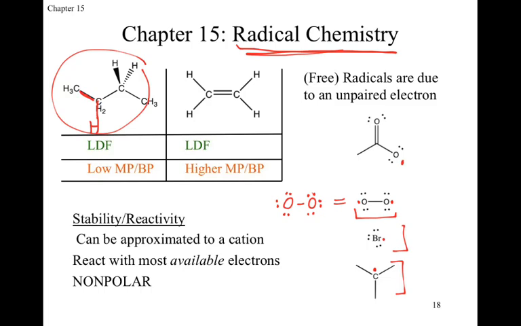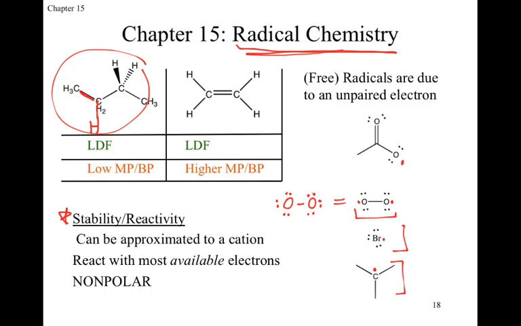So when we look towards our stability and reactivity, what makes a radical reactive is the fact that it's missing an electron. Well, we've seen that before with carbocations. So we can approximate radical stability towards our carbocation stability. So kind of keep that in mind when you're trying to decide on if you've generated a stable radical or not.